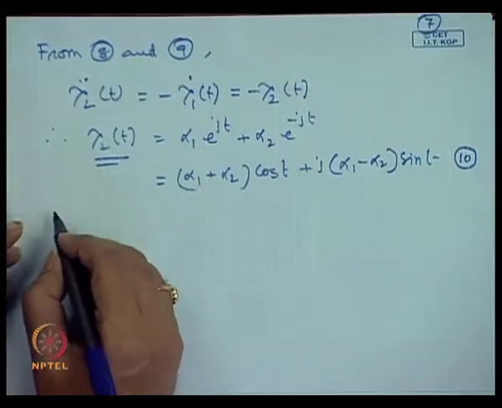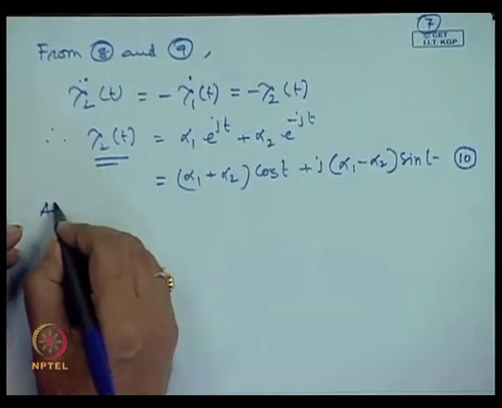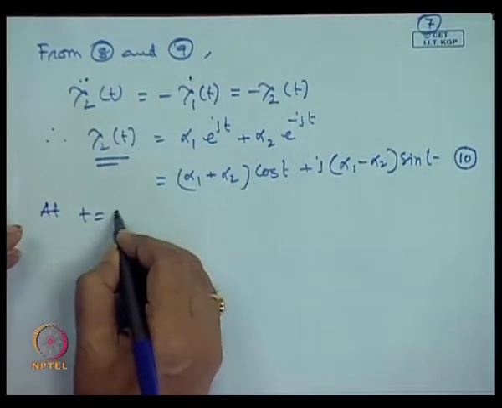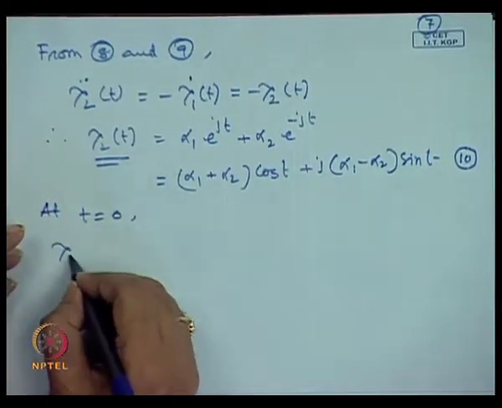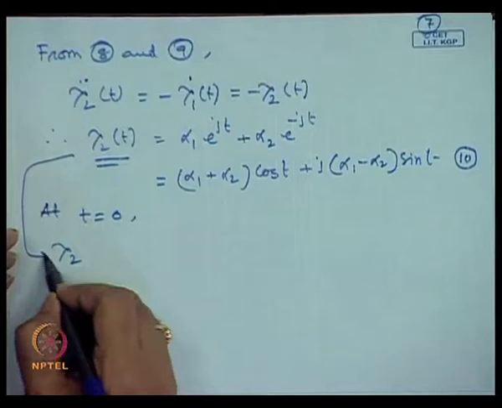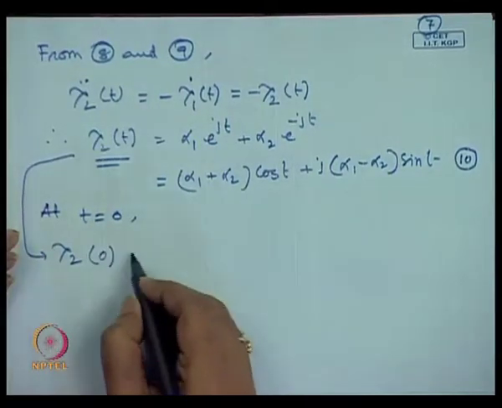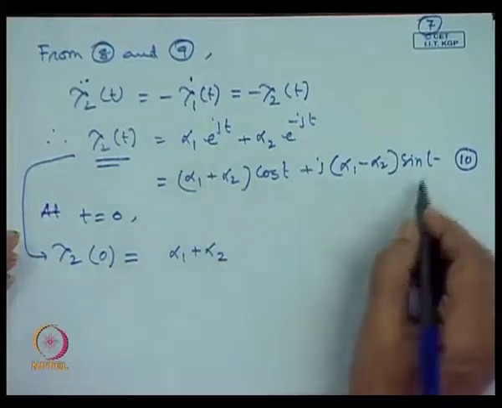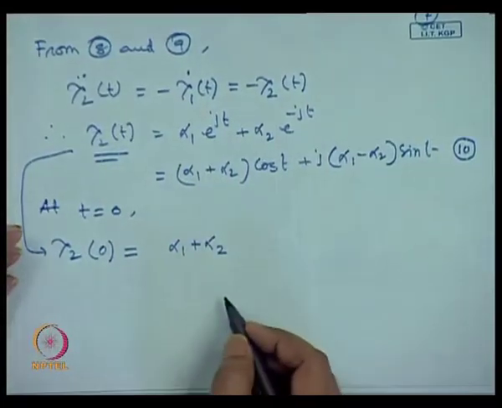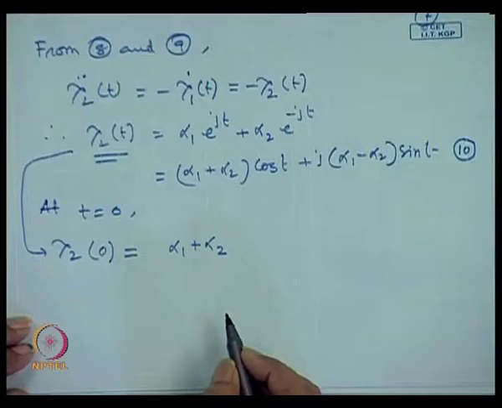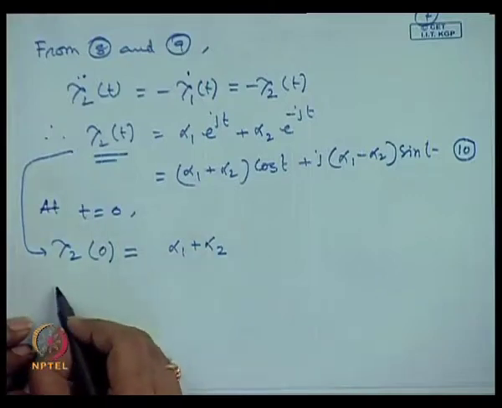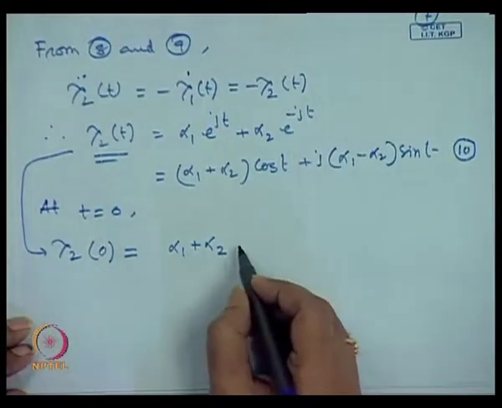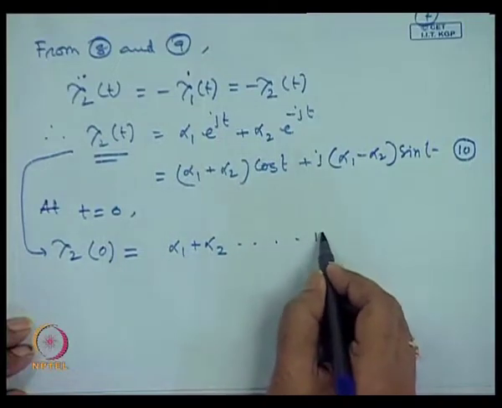Now, you see, note that at time t equal to 0, lambda2 of 0 is equal to alpha1 plus alpha2, since sin t is 0. Agree? This we got; let us call this equation number 11.